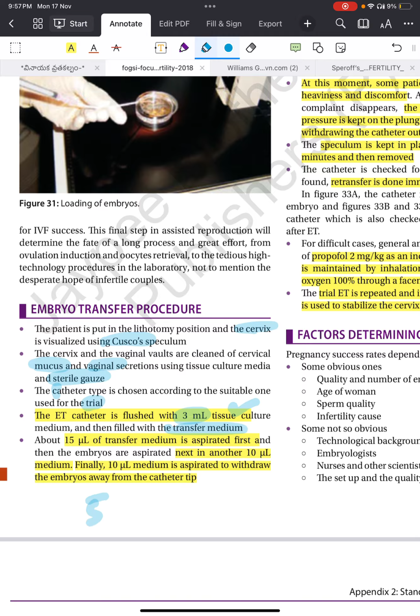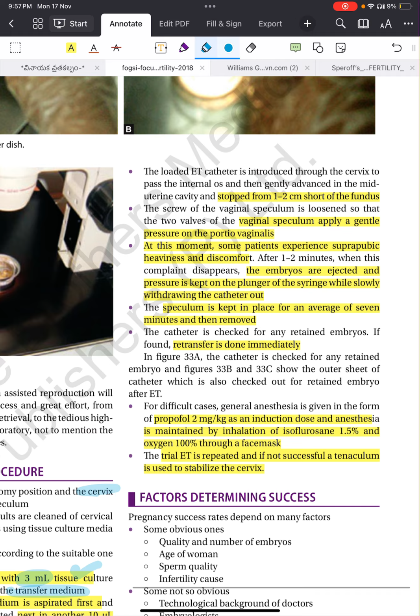About 15 microliters of transfer medium is aspirated first, then the embryos are aspirated, then again 10 microliters of medium. Why do we take 15, then embryos, then 10? Because this way the embryos will be in the middle of the catheter, not at the tip.